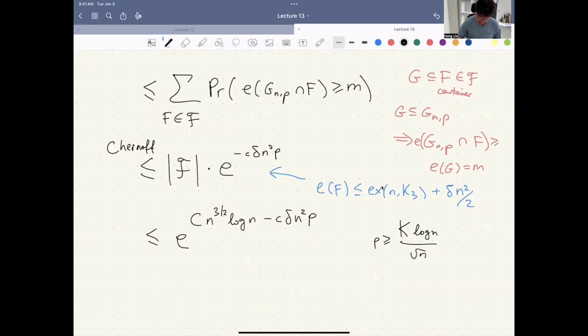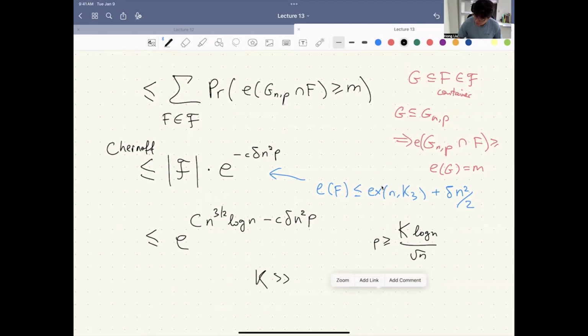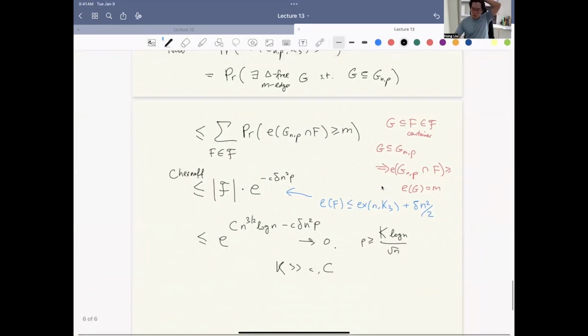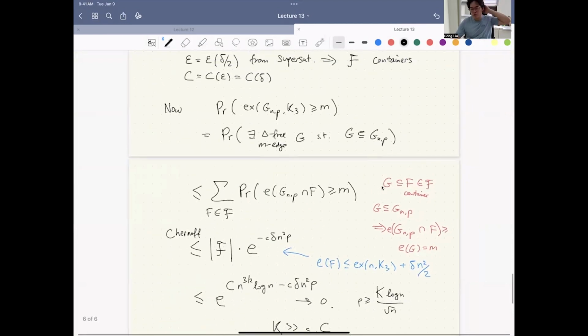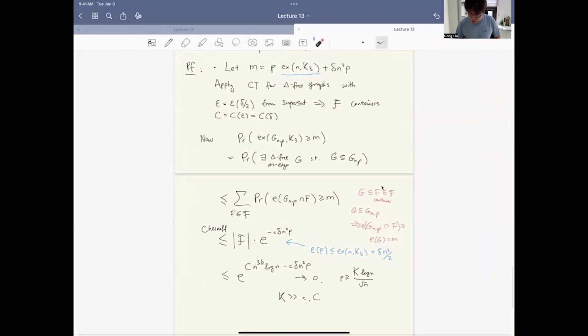So as long as K is sufficiently large in terms of c and capital C, this term is larger than this, so this tends to 0. Okay. That's what we want. Essentially, the only thing that's different here is to use containers to do a better union bound.